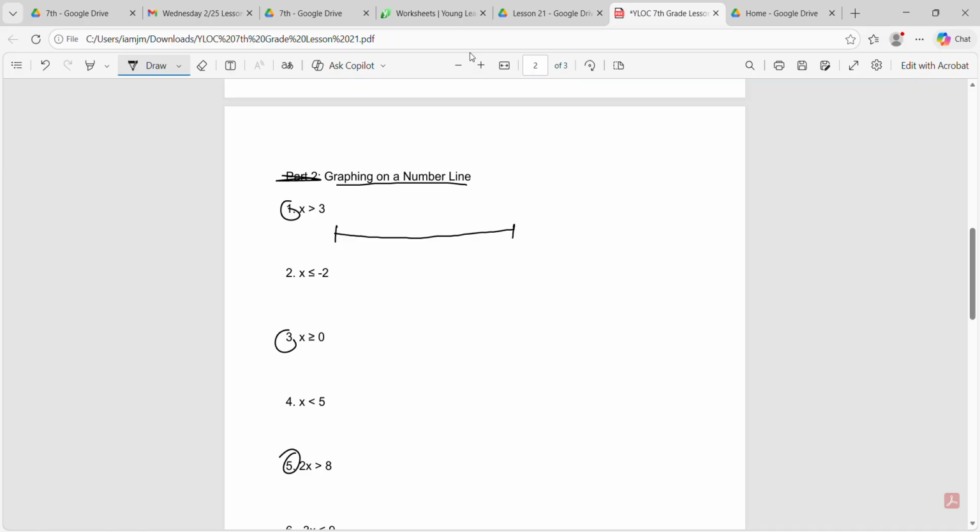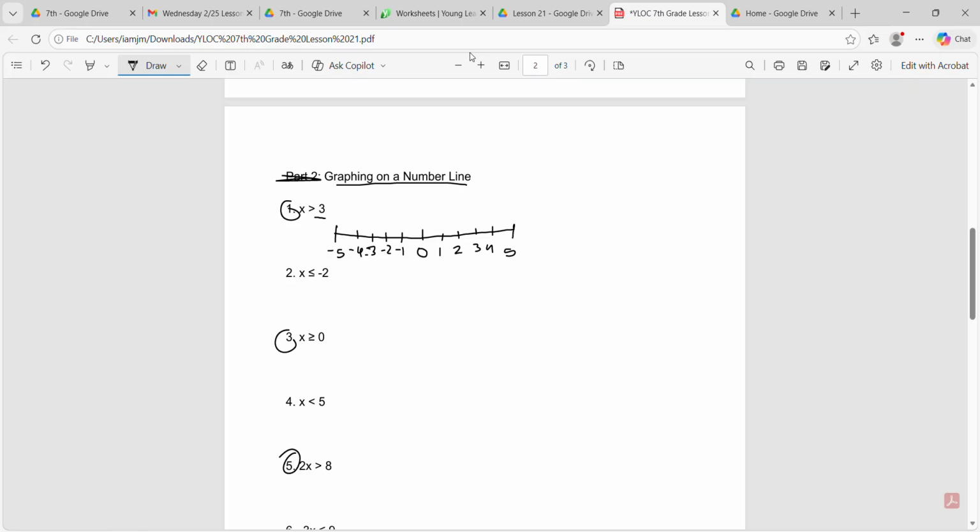We place 0, 1, 2, 3, negative 1, negative 2, negative 3, negative 4, negative 5, and 1, 2, 3, 4, 5.